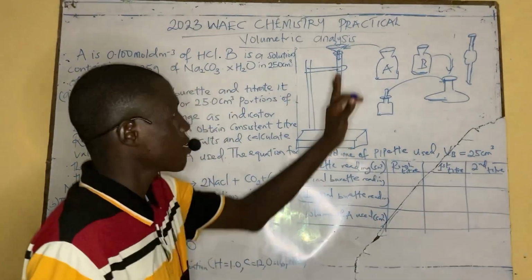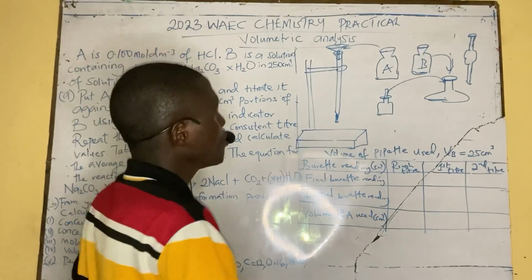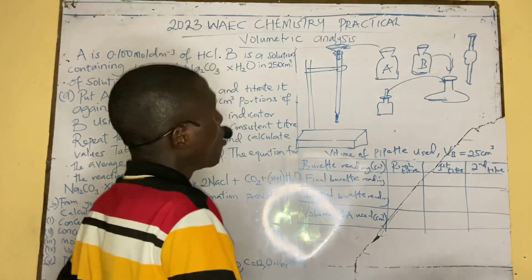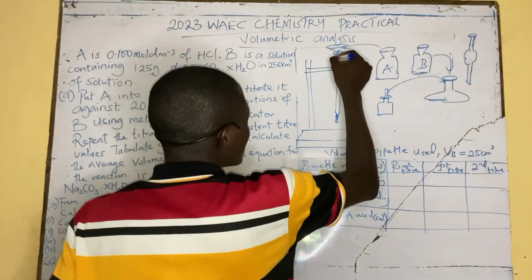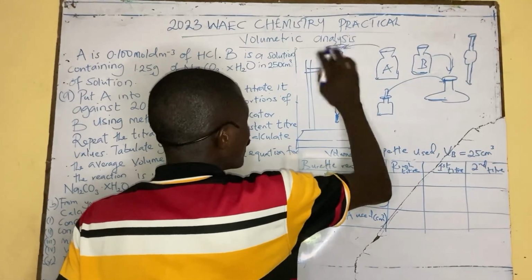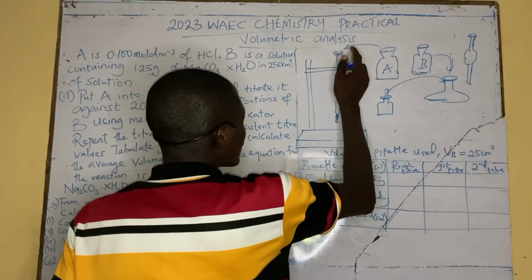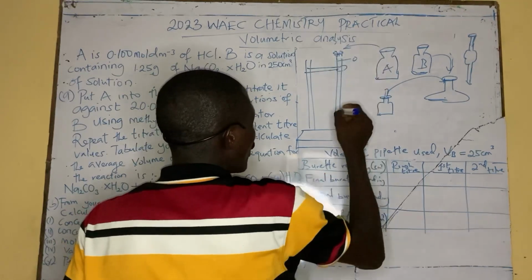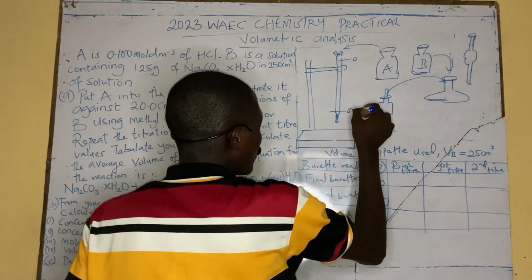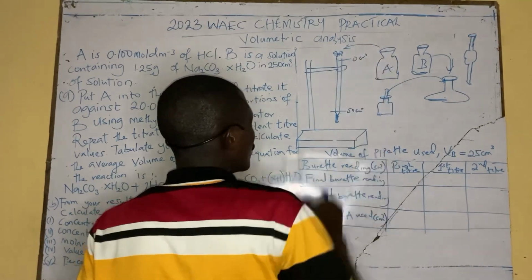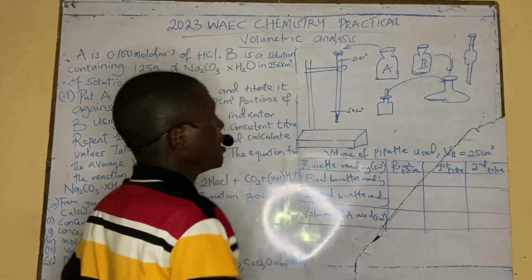After you have carried out the process of titration, I said you remove the funnel after filling the acid. Remove the funnel. You fill it up to the 0 mark. Then you begin to release.